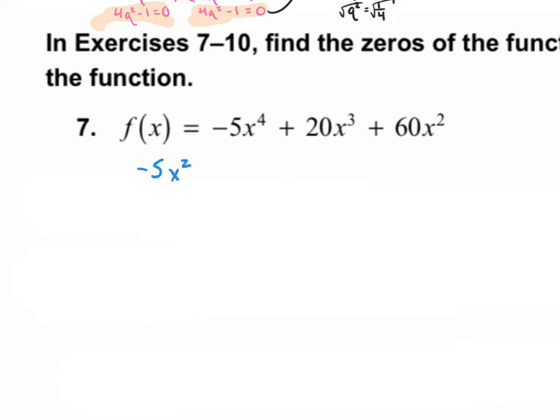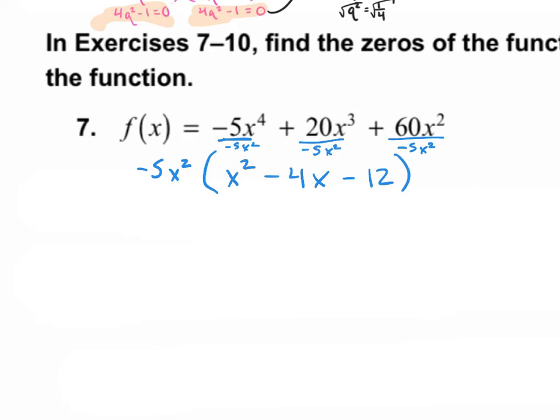We want to take out a negative 5x squared. That way our starting term becomes positive. So what are we left with now? Awesome. X squared minus 4x minus 12. So we divided everything here by negative 5x squared.